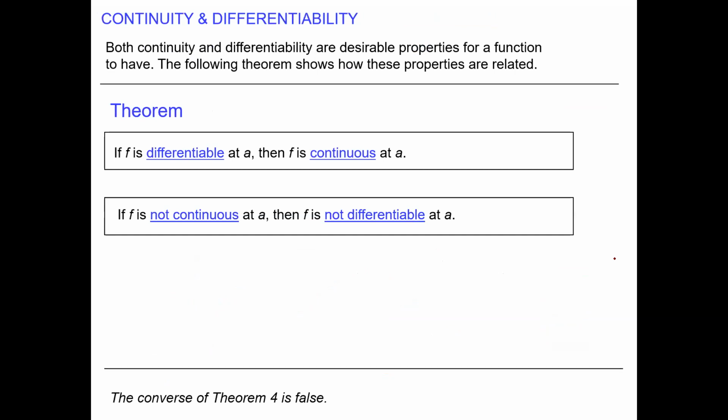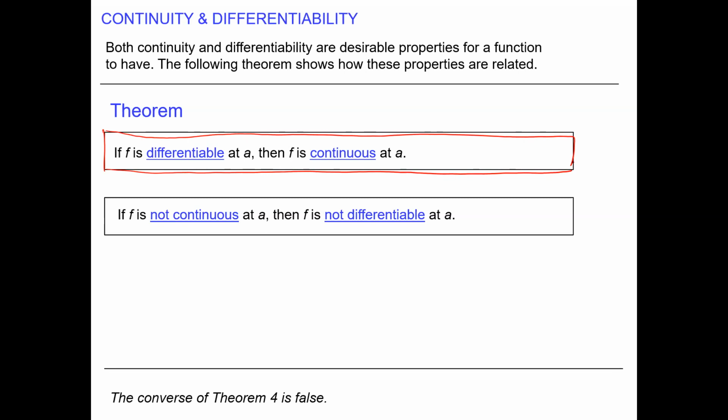Now we have an important theorem. If function f is differentiable at A, then f is always continuous. Now we will try to connect continuity and differentiability.